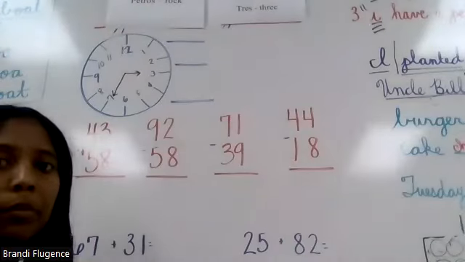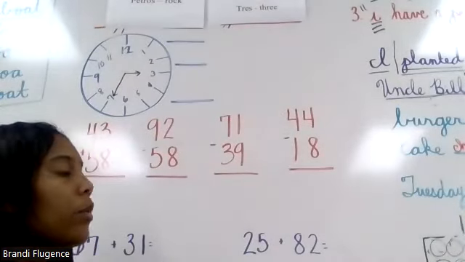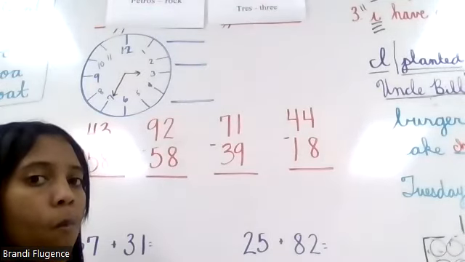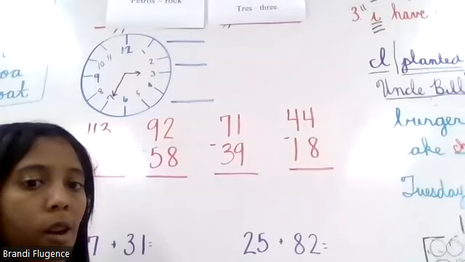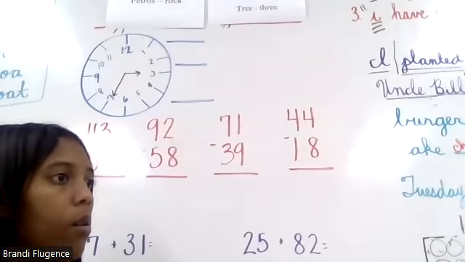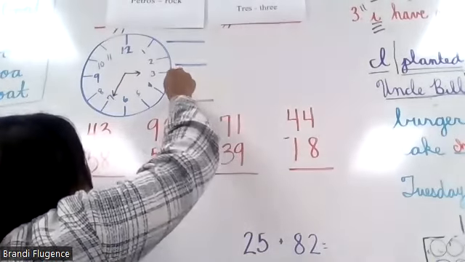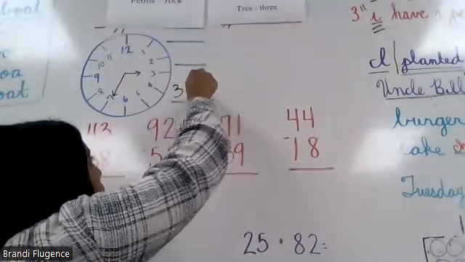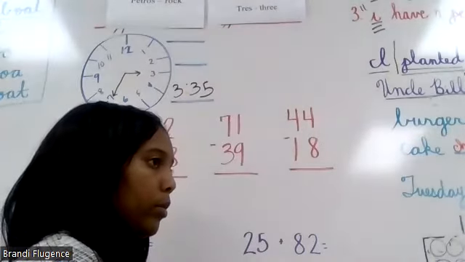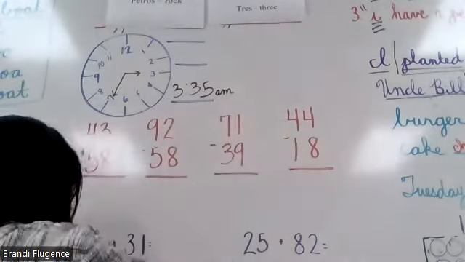What time would it be? Okay, Carson. 3:35. So if I am in bed sleeping, would it be AM or PM? AM, at 3:30 in the morning and I'm sleeping.